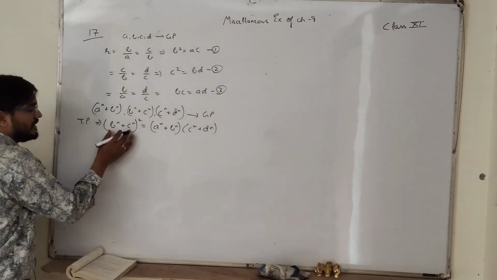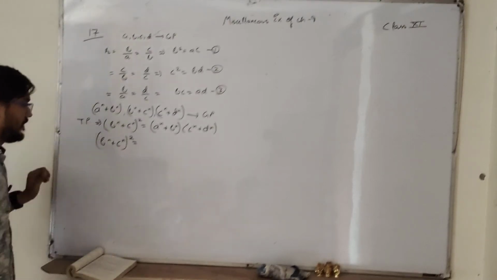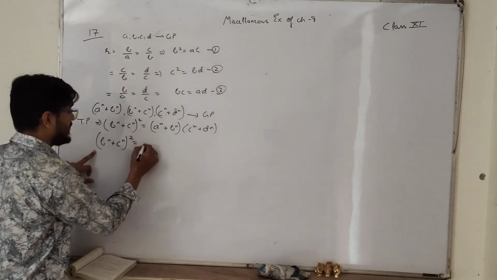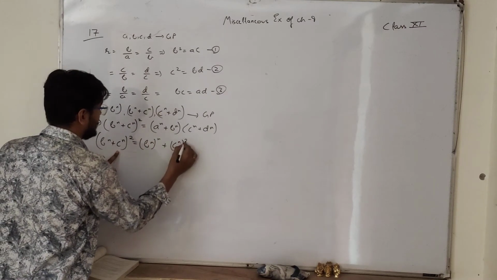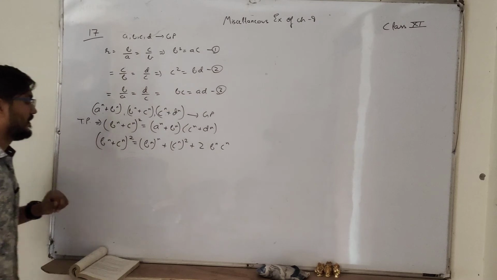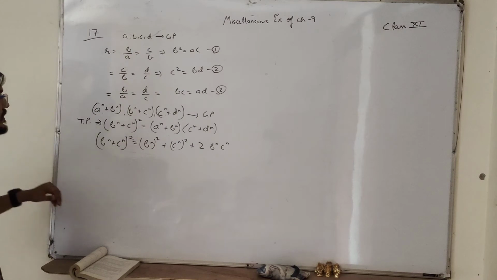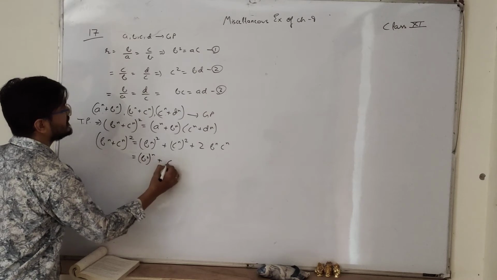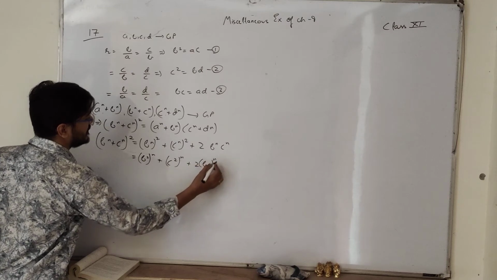Just write this term, b raised to the power n plus c raised to the power n whole square, right? Now we all know that x plus y whole square is x square plus y square plus 2xy. So b raised to the power n whole square plus c raised to the power n whole square plus 2 times bc raised to the power n. So this is b square raised to the power n plus c square raised to the power n plus 2 bc raised to the power n, right?